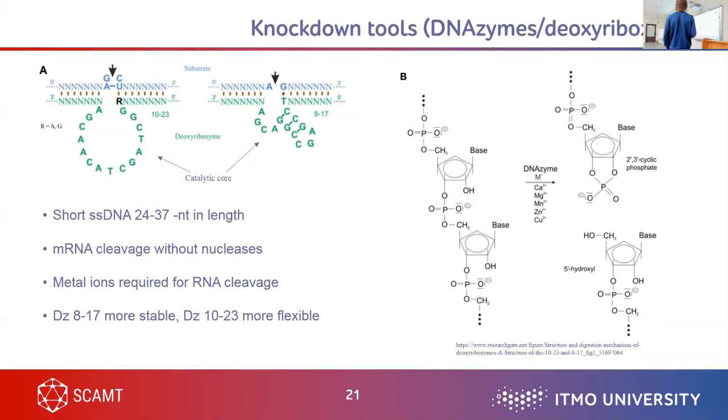Here you can see the picture of how catalytic cleavage occurs with the use of deoxyribozymes or DNAzymes. There is a phosphodiester bond between nucleotides, and we can imagine the DNAzyme or ribozyme attached here, and there will be this catalytic core, and there will be some metal ions such as calcium, magnesium, etc. And it will promote self-cleavage of RNA.